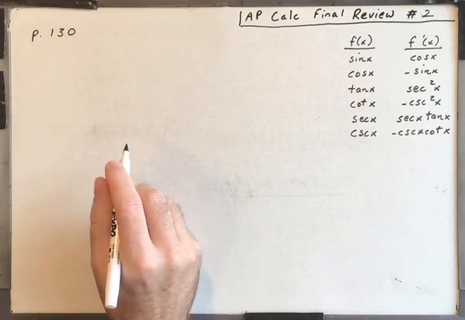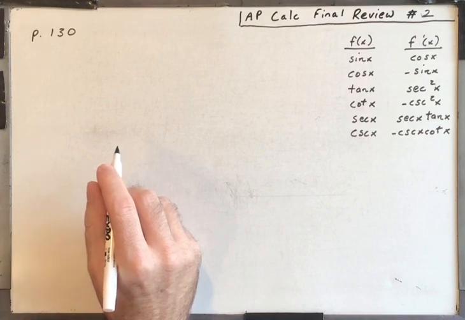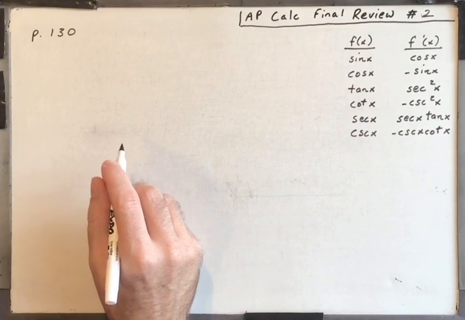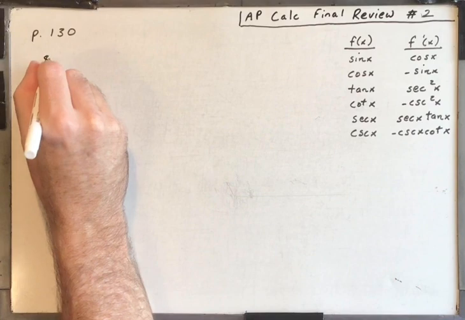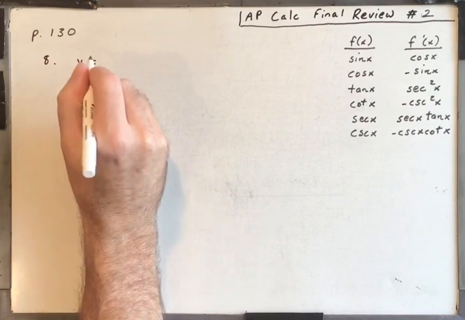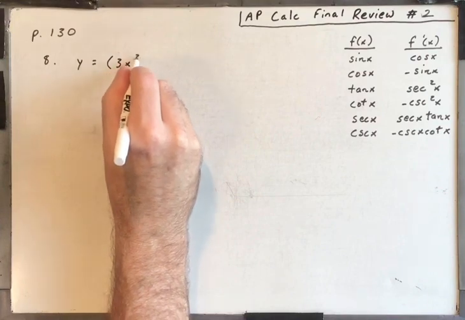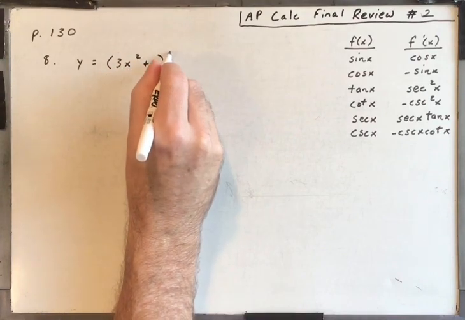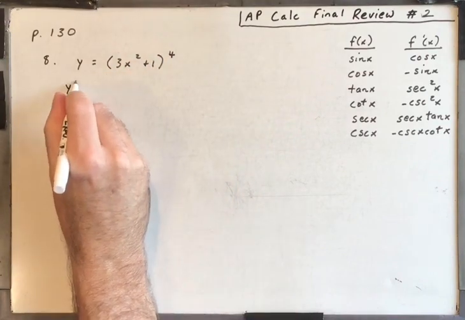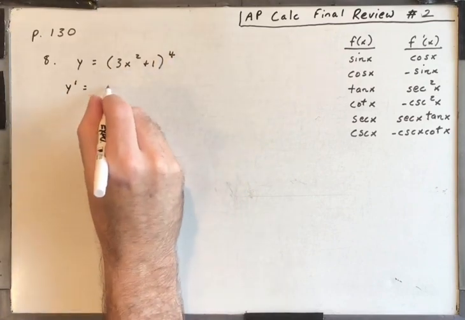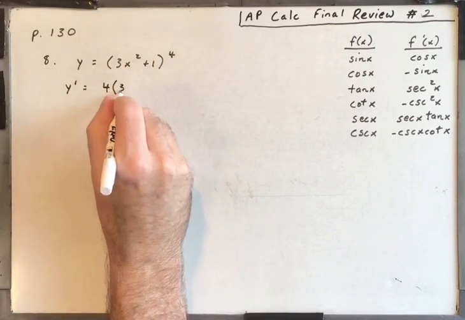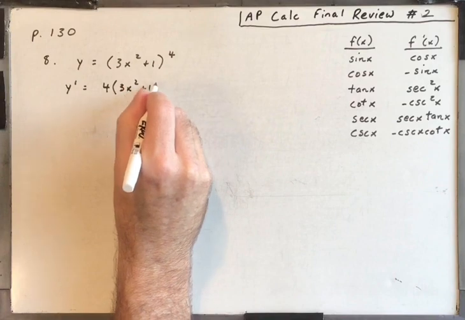All right, and we are starting with number 8 on page 130. So we have y is equal to 3x squared plus 1 to the 4th. So y prime, we're going to bring that 4 out front. 4 times 3x squared plus 1.